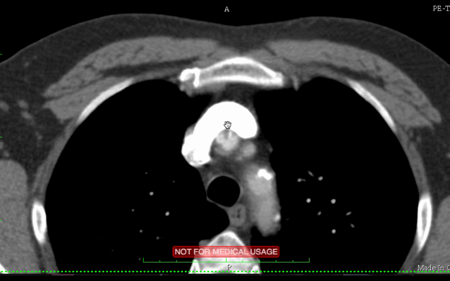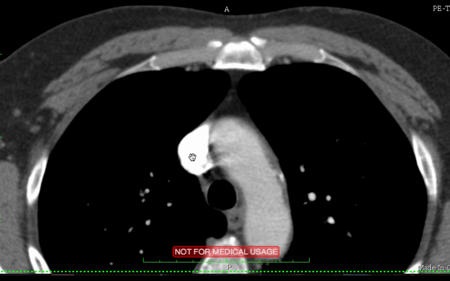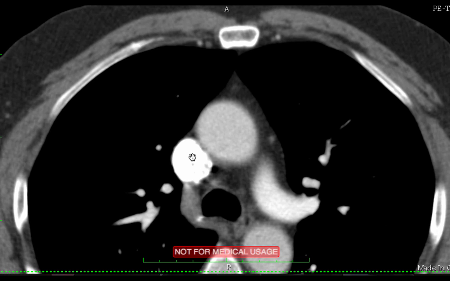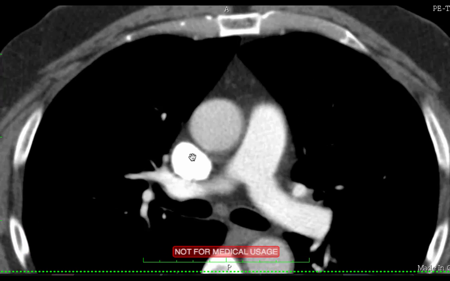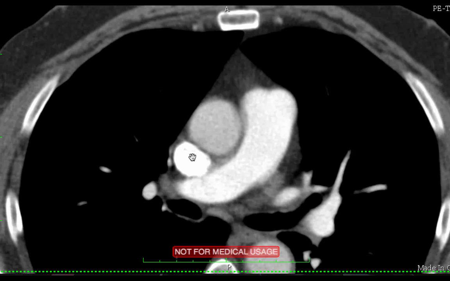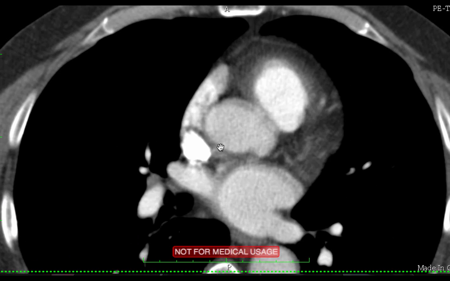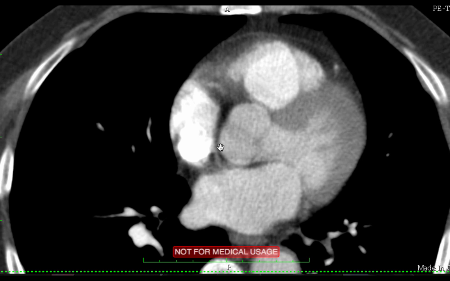So the left innominate vein and right innominate vein join, they fuse, they merge to form the SVC, and the SVC courses down, right alongside of the aorta here, and it empties into the right atrium.